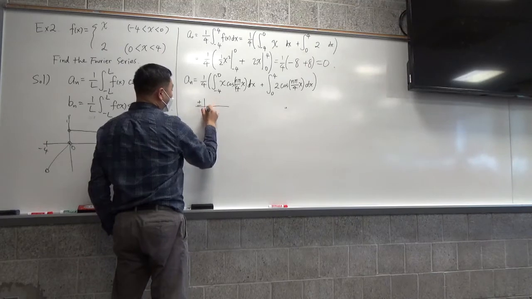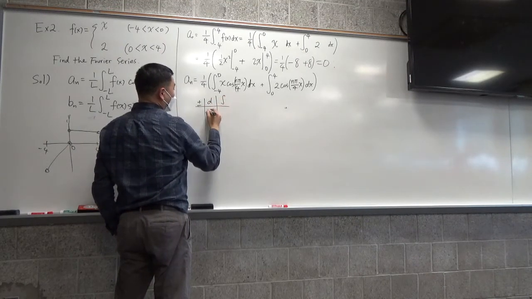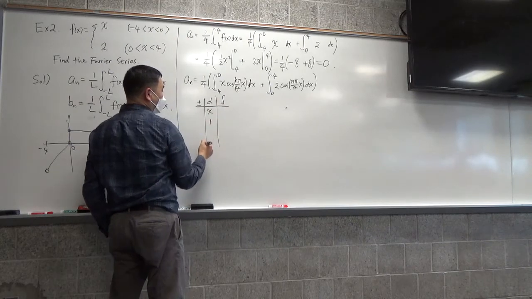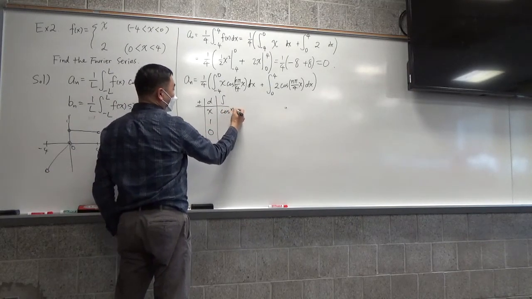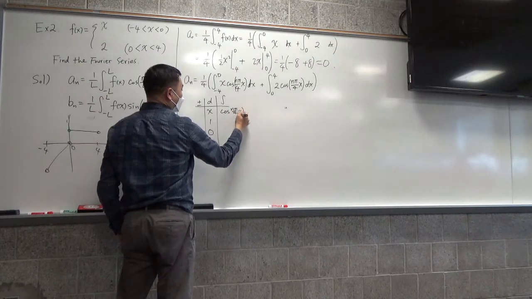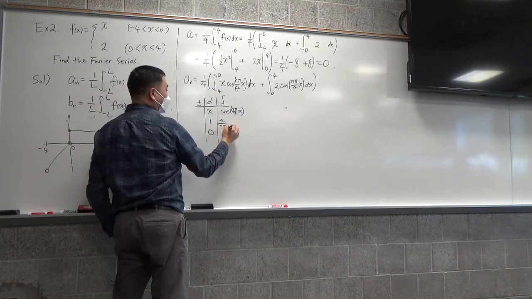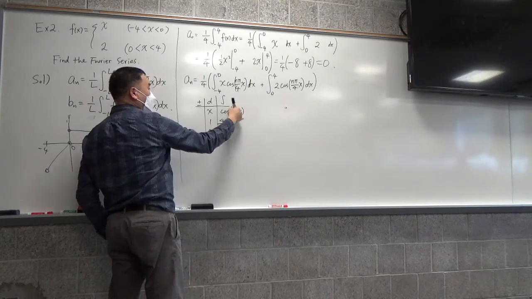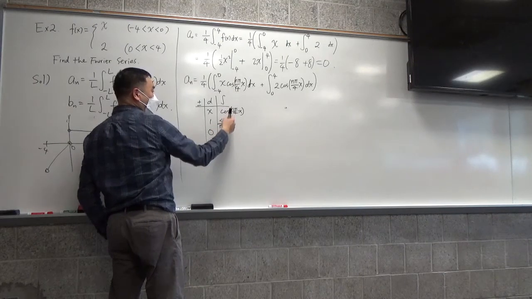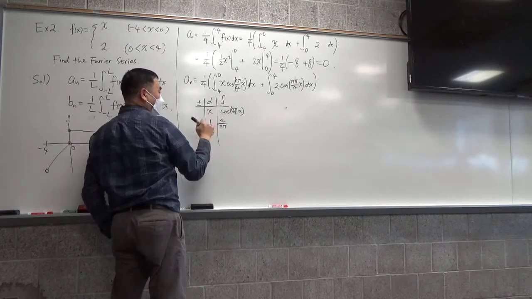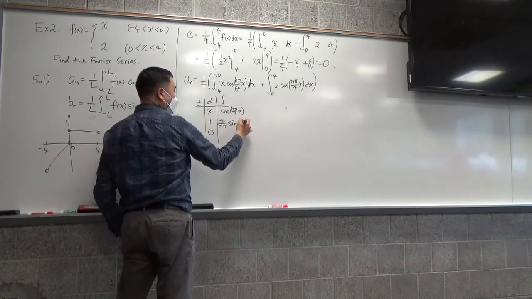So plus minus, x differentiates to 1, 1 differentiates to 0. Then you put cosine n pi over 4x. This integrates to 4 over n pi. Remember, always the coefficient of x has to be taken out as a reciprocal. So the reciprocal of n pi over 4 is 4 over n pi. Cosine integrates to positive sine.